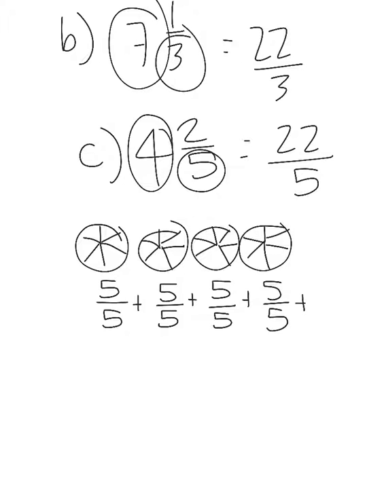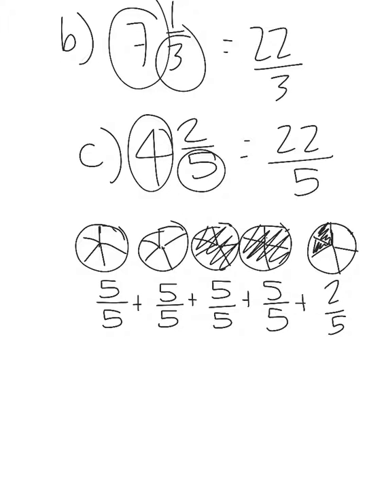And the fifth one I have to have 2/5 of. Oops, I've been dividing into 6. My bad. Okay, and in the final pizza, I'm going to have 2/5. So if I've eaten all of that, all of that, all of that, all of that, so 4 whole pizzas plus 2/5, I have how many fifths altogether? 5, 10, 15, 20, 22 on 5, which is what we want.